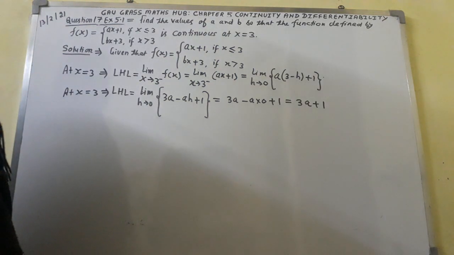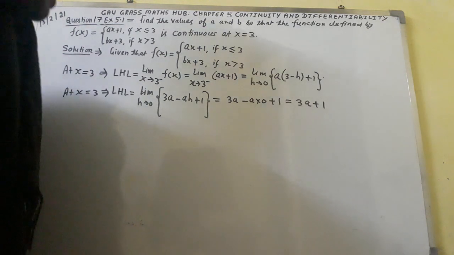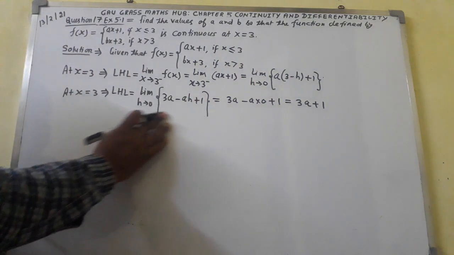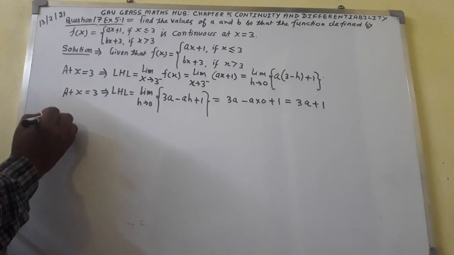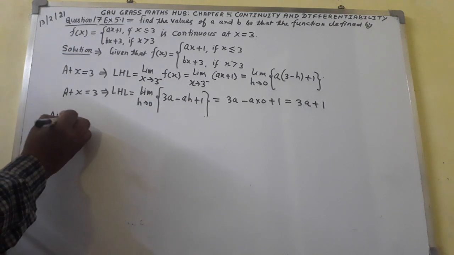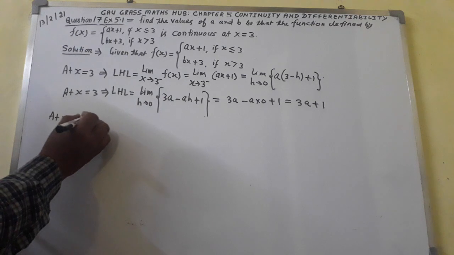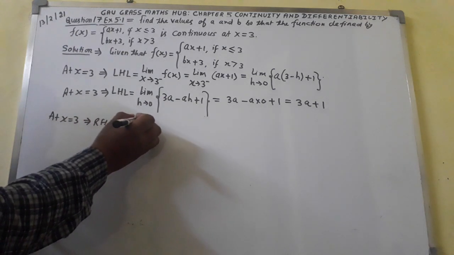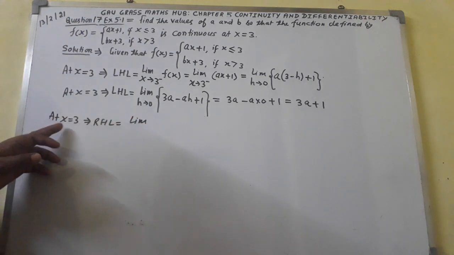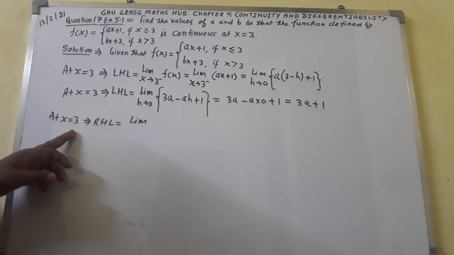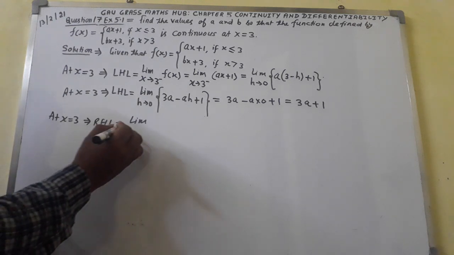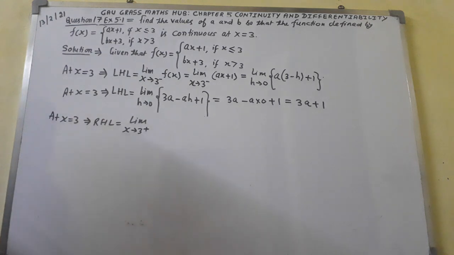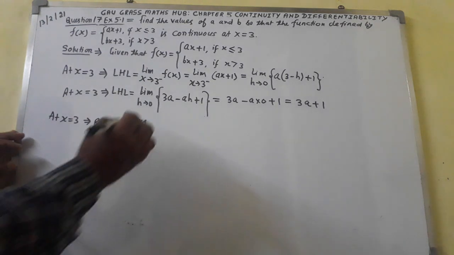Now I shall find the right hand limit at x equal to 3. So here I shall write: at x equal to 3, right hand limit equal to lim x tends to 3 positive of f of x.